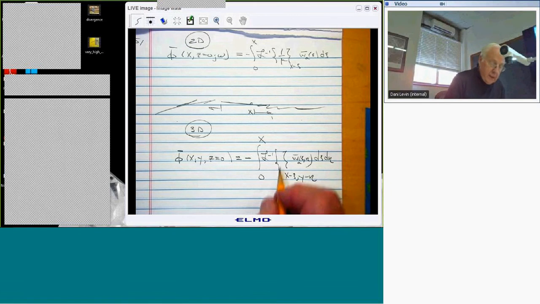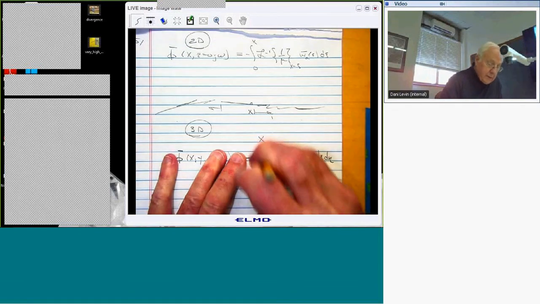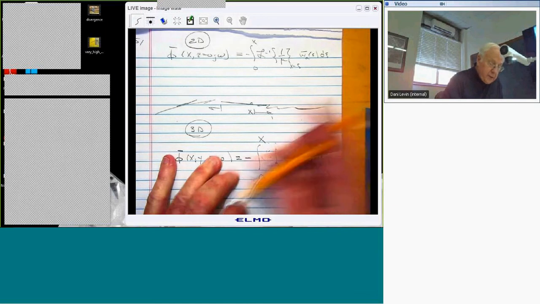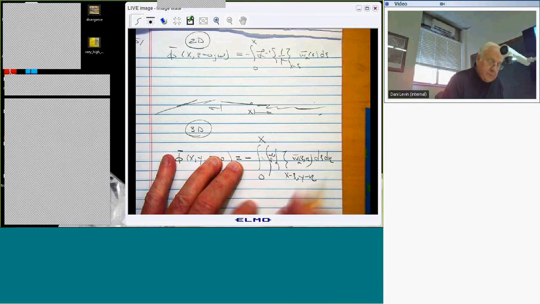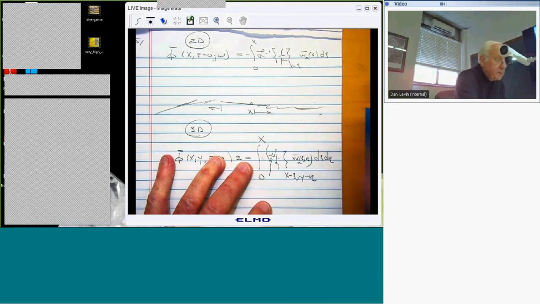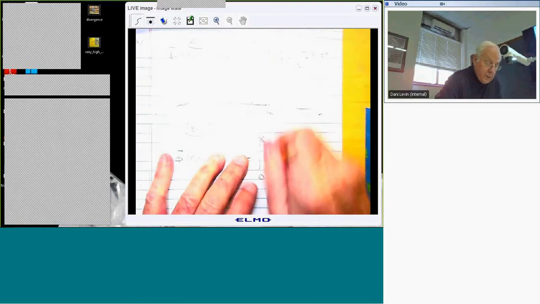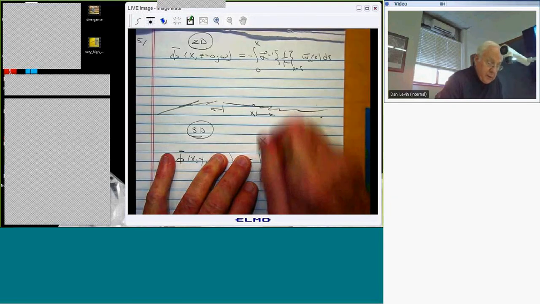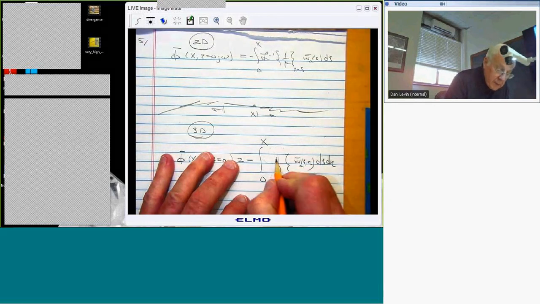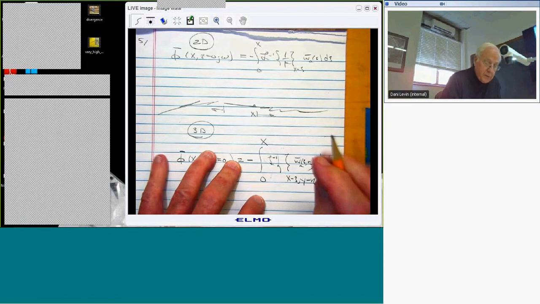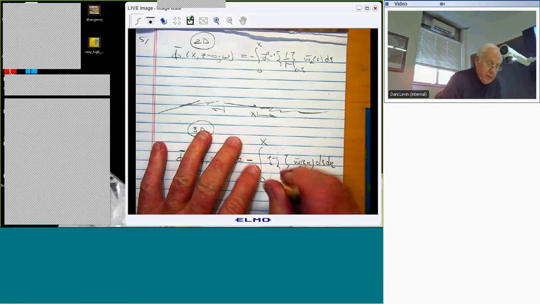Like this, we'll have some integral over eta. Let me write this a little neater, so you can almost read it. We're going to have a Laplace, actually a double Laplace inverse, because we're going to have to take some transform with respect to y as well as x.